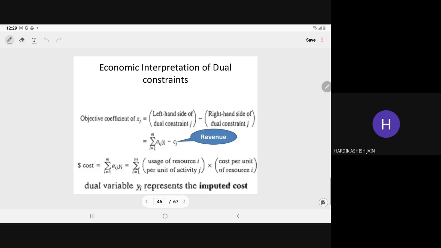Now, the economic interpretation of the dual constraint. In converting the primal into the dual, we have the dual constraint also. So what is the meaning of the dual constraint?